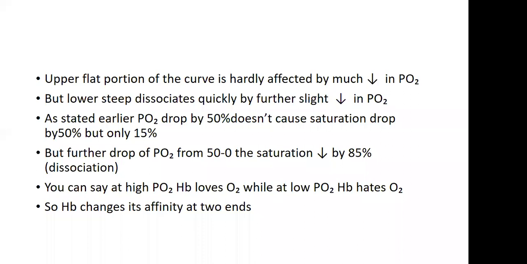Instead, it takes up carbon dioxide, which means that hemoglobin changes its affinity at the two different ends. One is at the pulmonary end, where it has more affinity for oxygen. And another is at the tissue level, where the affinity decreases too much and it dissociates oxygen quickly.